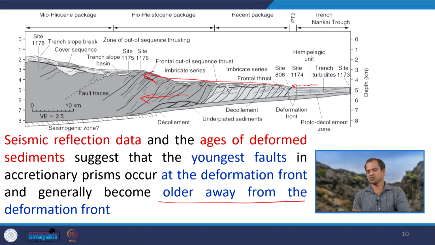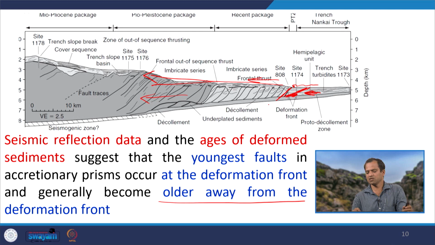So thrusts are generated here, and gradually this material comes in this direction due to compression. Now, imagine a thrust which was, for example, formed at this angle. Now we are compressing the system. Due to compression and the addition of sediment, we are gradually putting the sediment at the toe side.